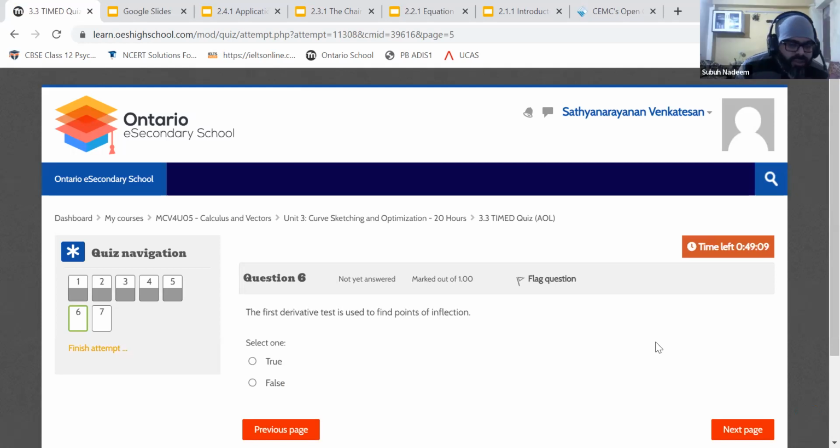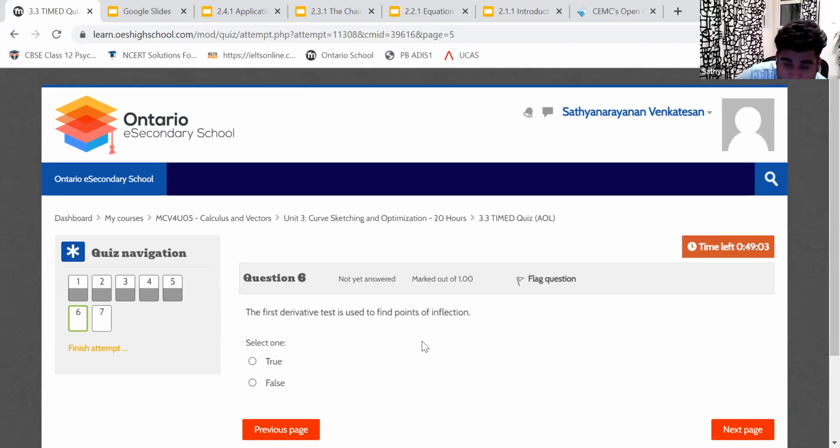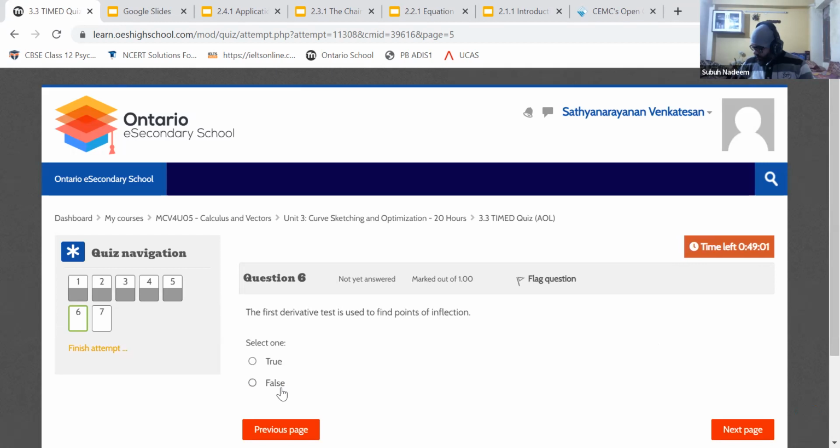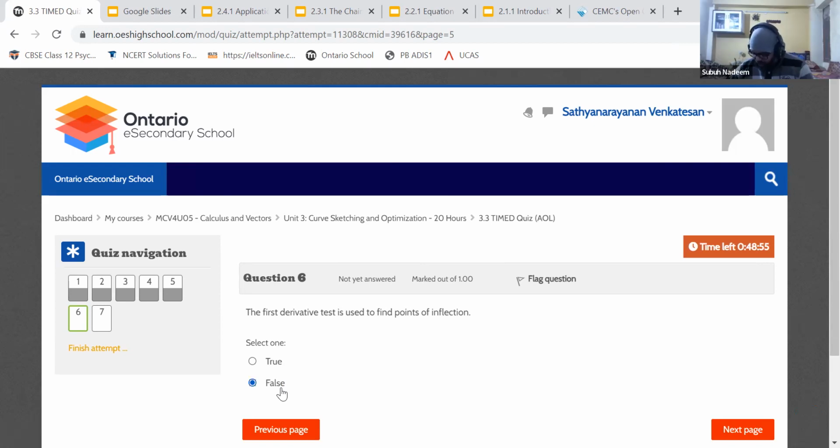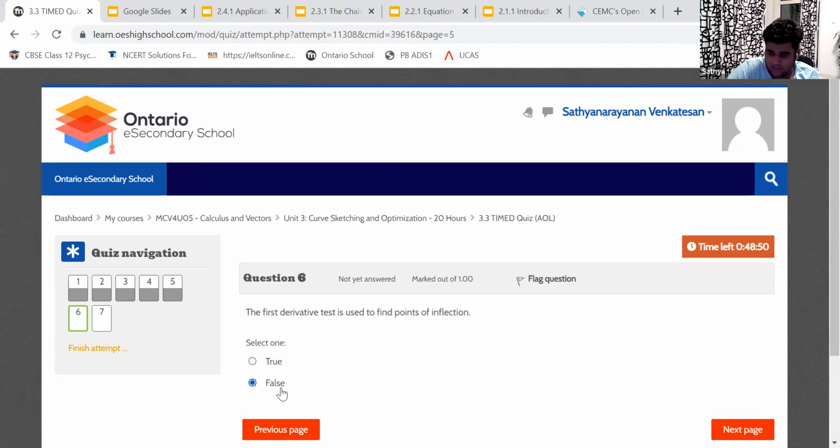The first derivative test is used to find points of inflection. Yes or no? False. What is it used for? The second derivative test is used for point of inflection, yes, correct. And what is the first derivative test used for?